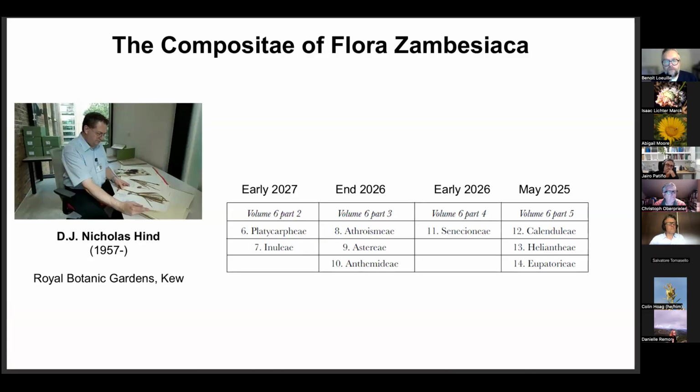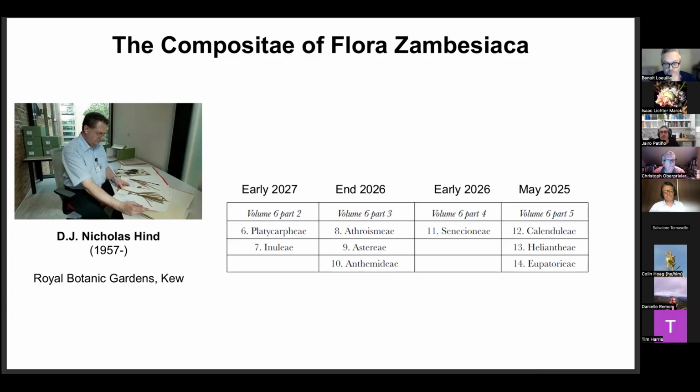Gerald Pope retired in '94, '95, and then it's Nicholas Hind here at Kew who took over the Compositae for Flora Zambesiaca. He decided to follow the tribal classification that Gerald Pope was following.